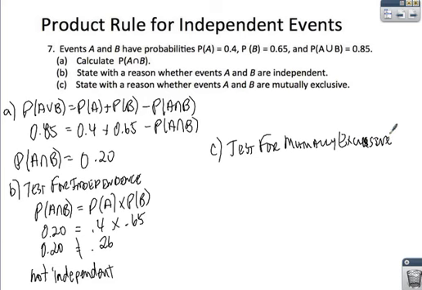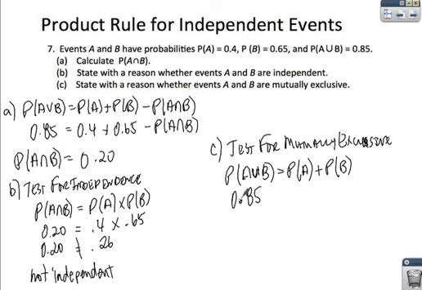All right, the test for mutually exclusive, they must satisfy the equation P(A union B) is equal to P(A) plus P(B). Again, P(A union B) is 0.85 and P(A) is 0.4, P(B) is 0.65.